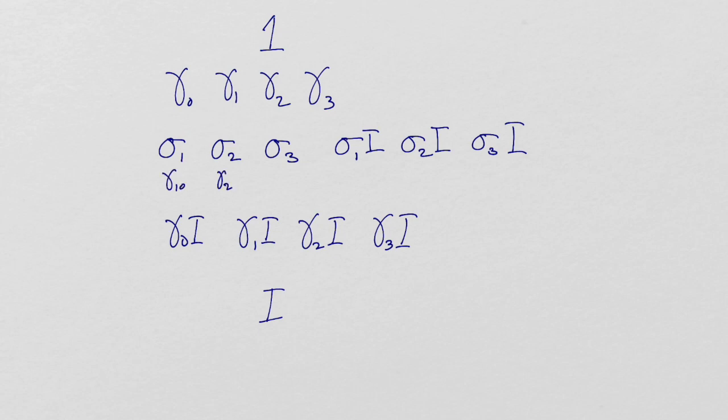Gamma 1 0, gamma 2 0, gamma 3 0, gamma 3 2, gamma 1 3, and gamma 1 2, I think, if I get it right. Or gamma 2 1. No, gamma 1 2. And then these are the trivectors here, and then this is the pseudoscalar. So this is the same spacetime algebra with a slightly different notational organization.